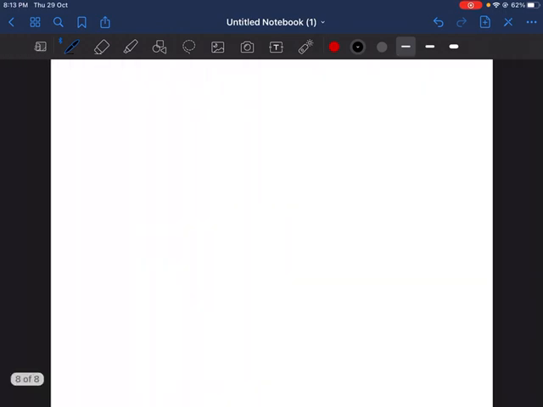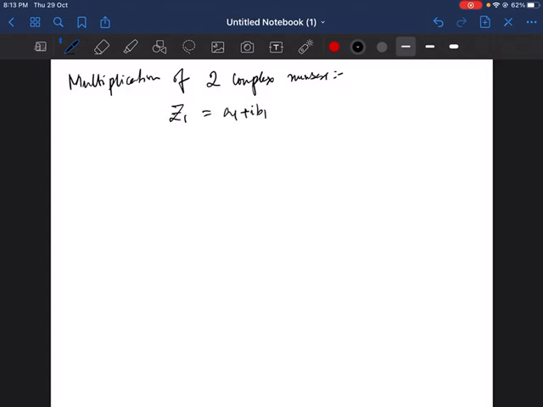So now we'll be doing multiplication of two complex numbers. Now how to multiply two complex numbers? Suppose we have z1 given by a1 plus ib1 and z2 given by a2 plus ib2.